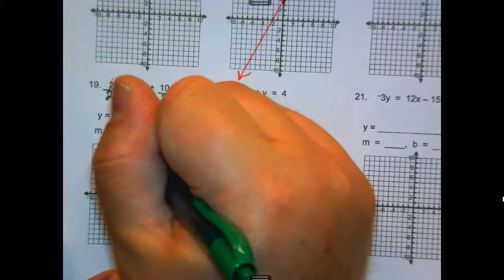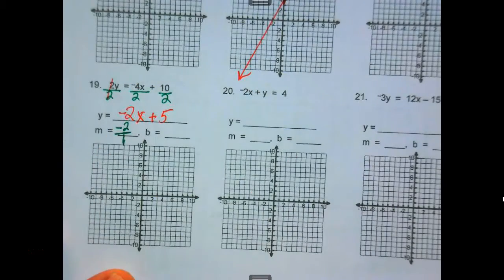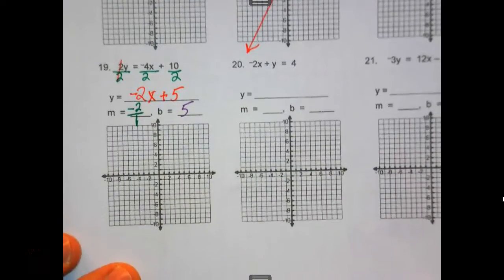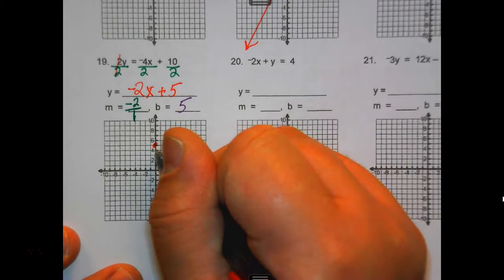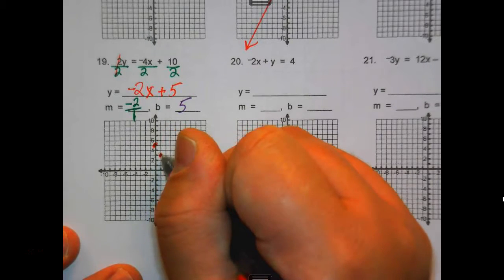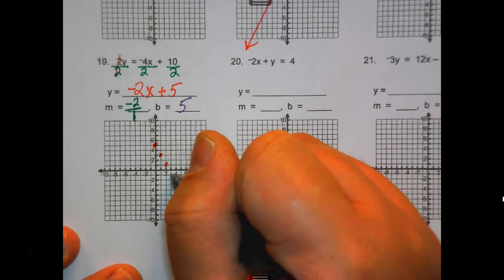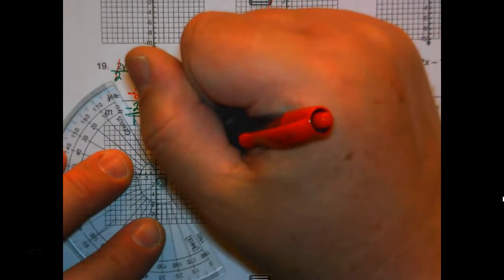Slope, coefficient of x is negative 2. Put it over 1. Y-intercept, 5. Graph it. See, we start at 5. Down 2 to the right 1. Straight edge. Draw your line.